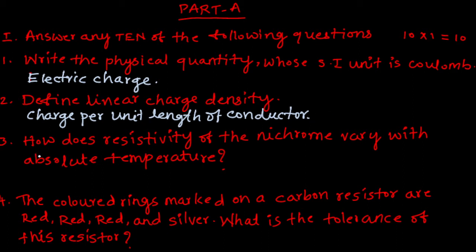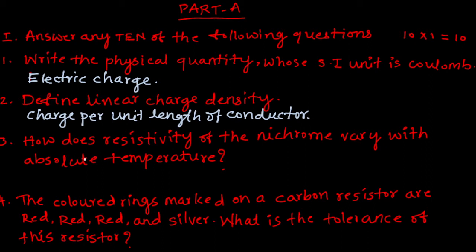Then question number 3. How does resistivity of nichrome vary with absolute temperature? We know very well that resistance of a metal depends on temperature. With increase in temperature, resistance increases, and with decrease in temperature, resistance decreases.